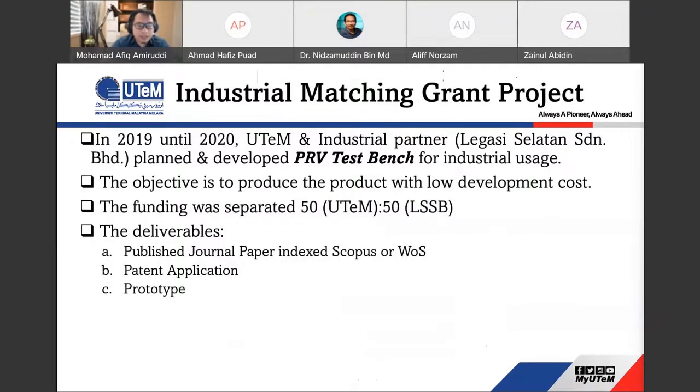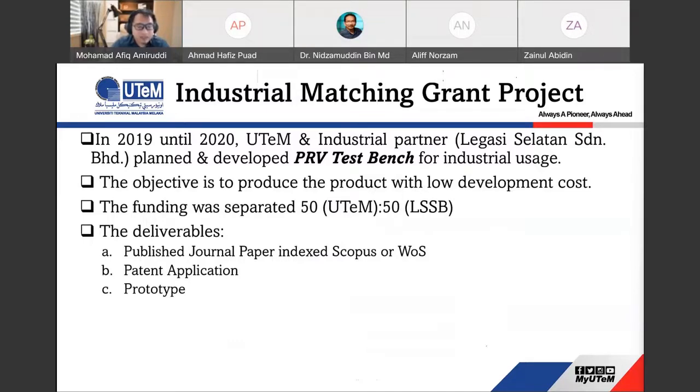Just to inform you, this presentation is based on our project collaboration between UTM and the industrial partner, Legacy Selatan Sinan Berhad in Kluang, from 2009 until 2020. Legacy Selatan's service is to serve clients by calibrating PRVs or PSVs. They requested us to develop a PRV test bench for industrial usage.